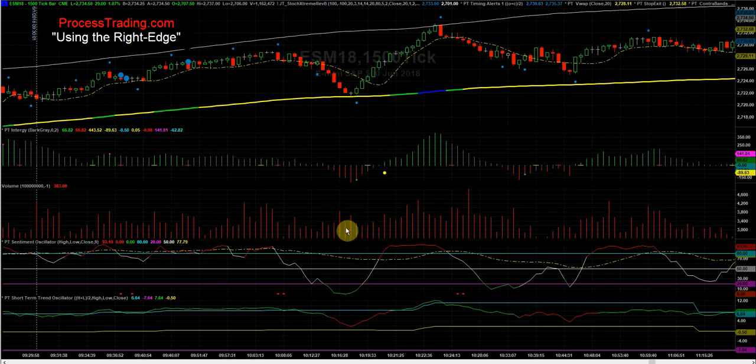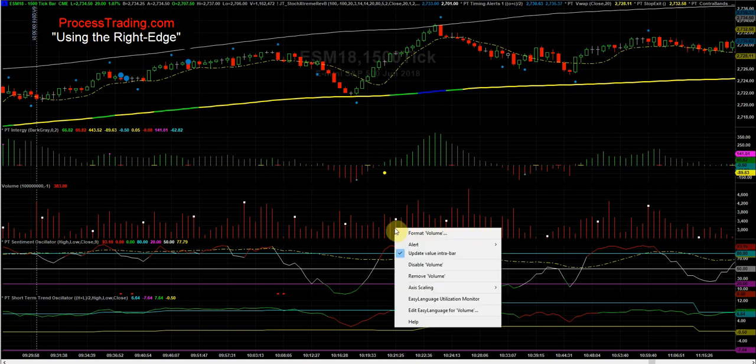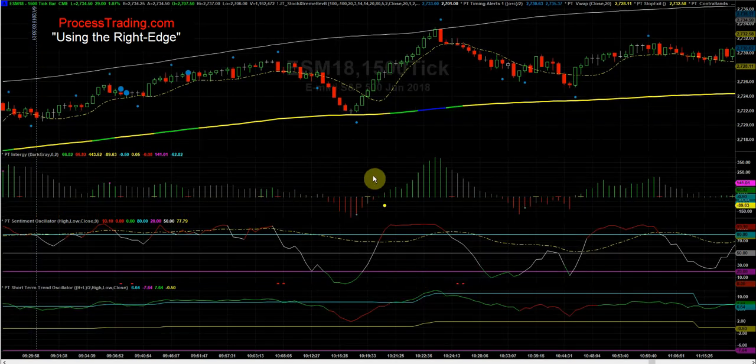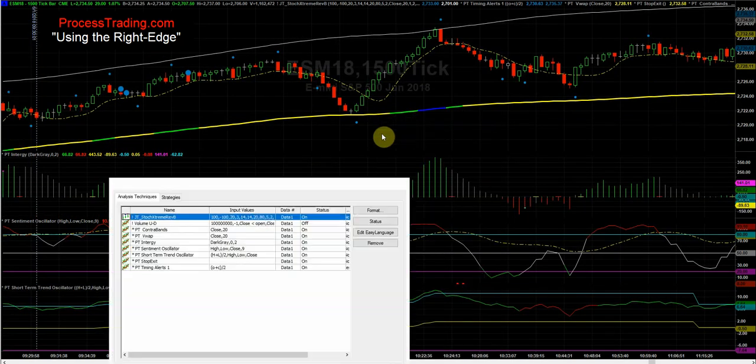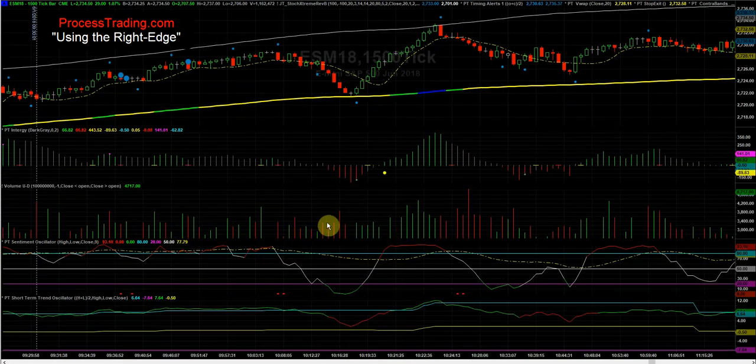So I'm going to take this off. It doesn't help any that all their bars are color-coded the same. So let me take this off right now and put on a different one. Let me put on this one, which at least in this one, the volume bars are color-coded.